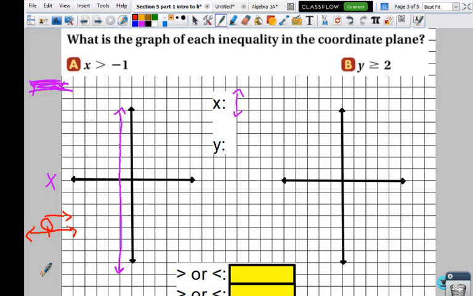So this is my true side, the side I'm going to shade. If I were to look over here on the left, if I have -4, that's less than -1, that's not true. We always shade the true side. So I'm going to just go about like this. When you shade, it doesn't have to be super intense. You just need a little bit of shading to show your sides.